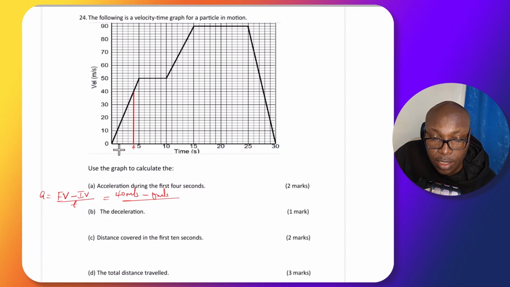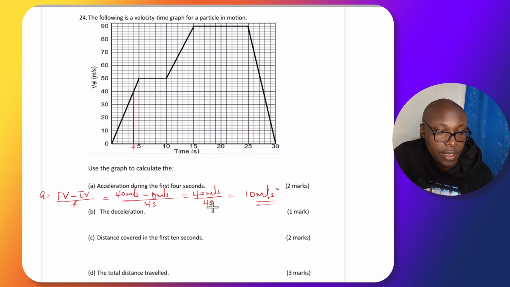And then the time taken is from 0 to 4 seconds. So that is 4 seconds. So this gives 40 meters per second divided by 4 seconds. So this will give 10 meters per second squared. So that is how you're supposed to do that.